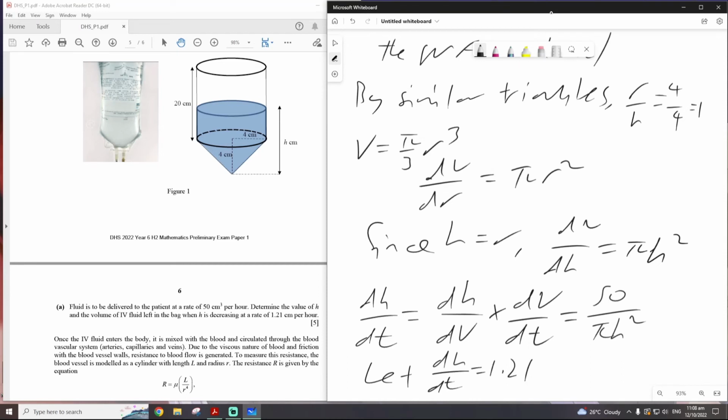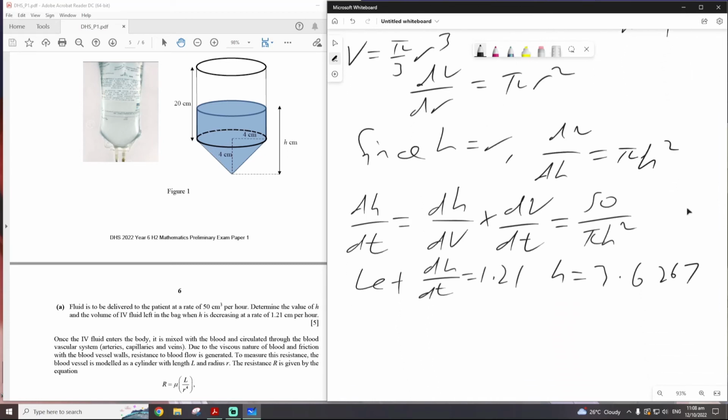You solve for h. Okay, pi h square over 50 is 1 over 1.21. You'll actually get h equals 3.6267 to 5 SF. Okay?